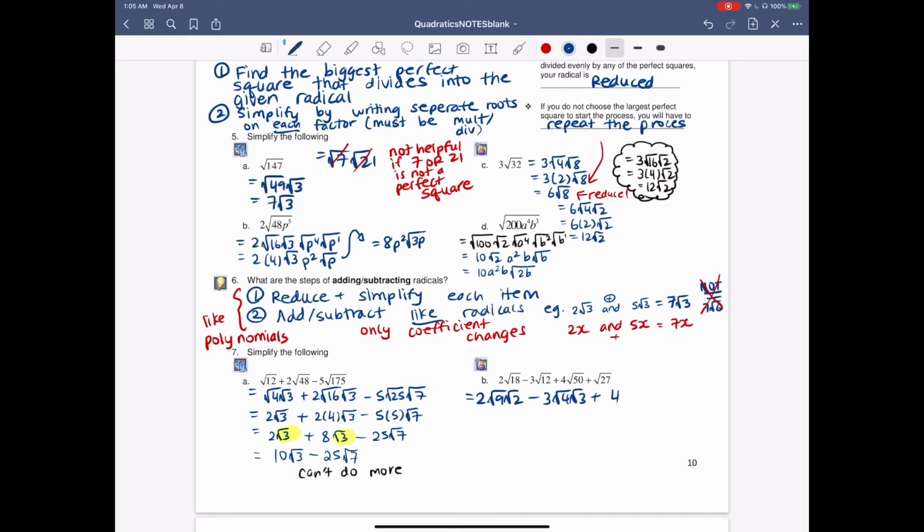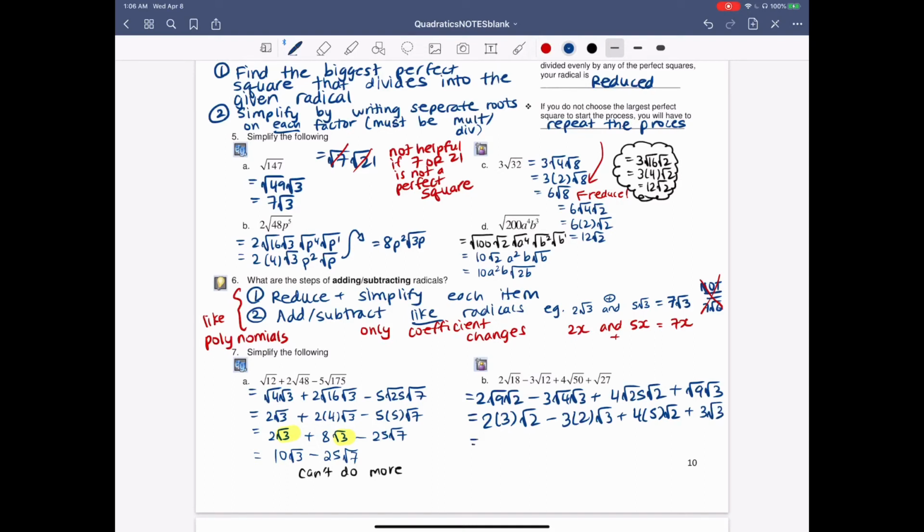Square root of 50 is going to be broken down to the perfect square, 25, and the number 2. 27 is divisible by a perfect square, 9, and 3. So 2 times, well, square root of 9 is 3. 3 times square root of 4 is 2. 4 times square root of 25 is 5. 4 times 5, square root of 2, plus square root of 9 is 3.